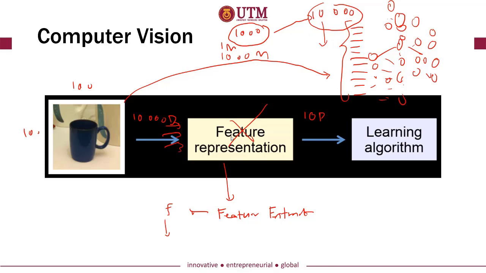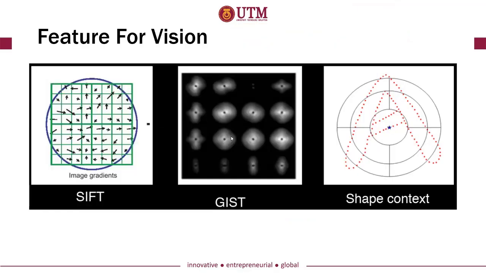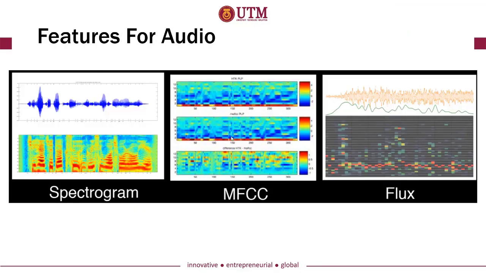Even among one-dimensional signal applications there are different feature extractions, because like I said, speech processing has its own feature extraction, and if you tackle ECG, it has its own feature extraction.